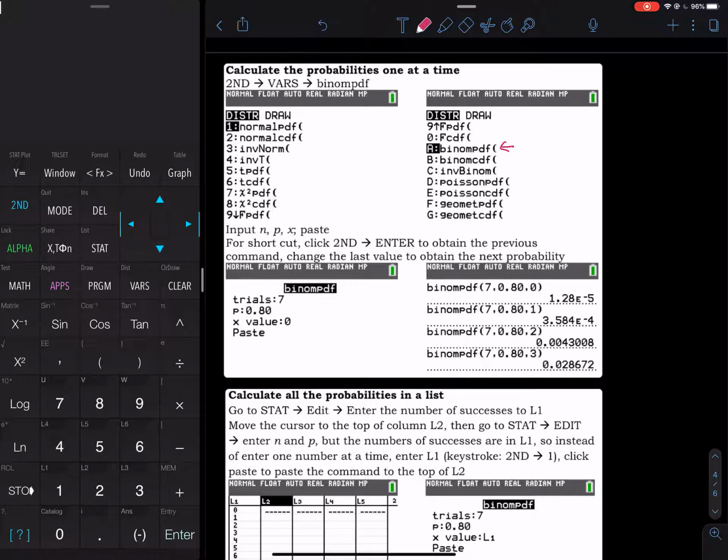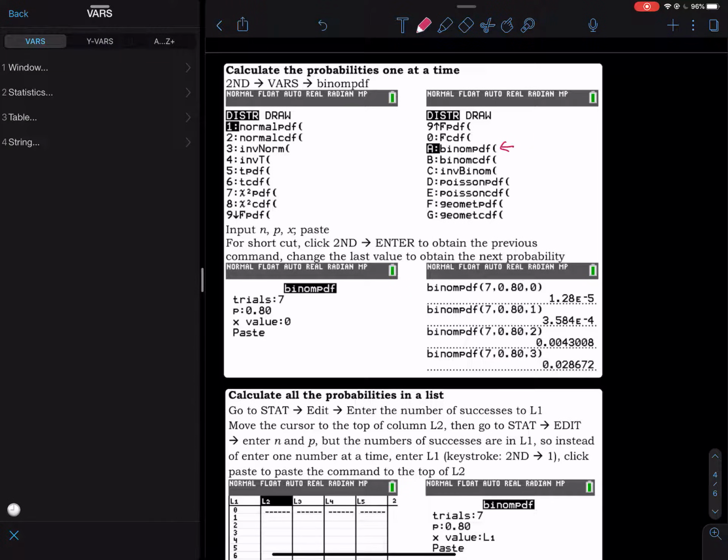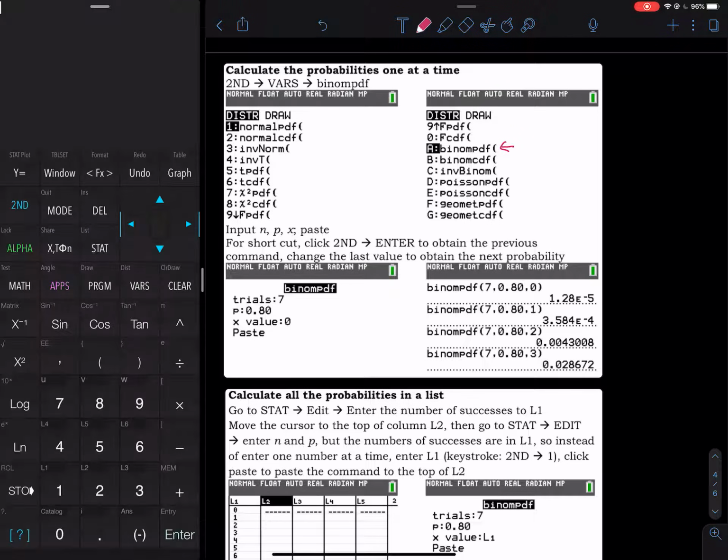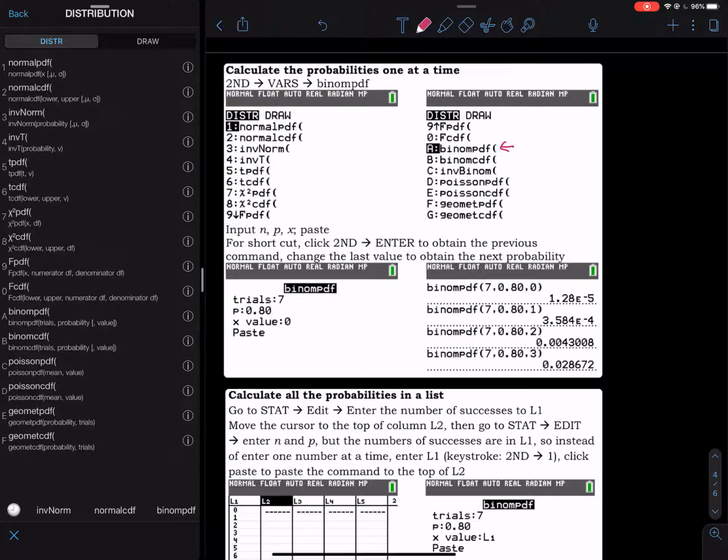CDF, C stands for cumulative. Cumulative means you are adding multiple probabilities at the same time. I don't prefer using CDF unless you know exactly what you are doing. So we go to 2nd VARS, and then the distribution menu, DISTR. Do you see binomial PDF?